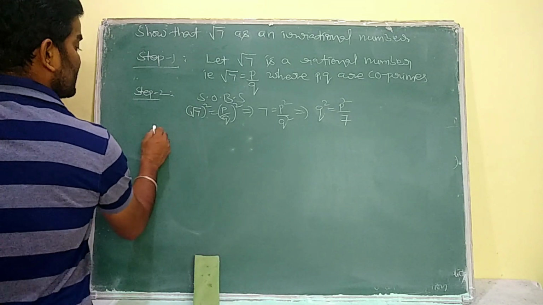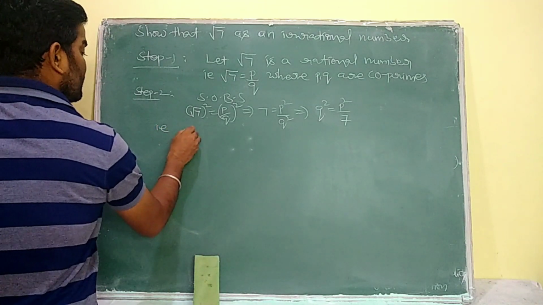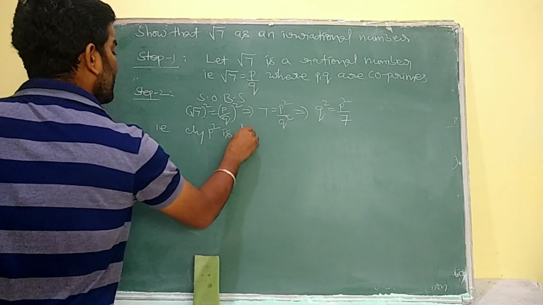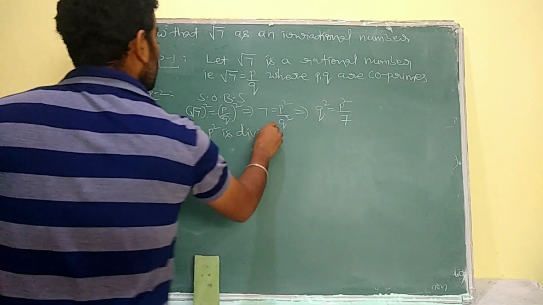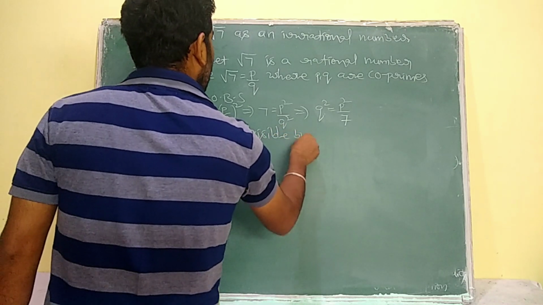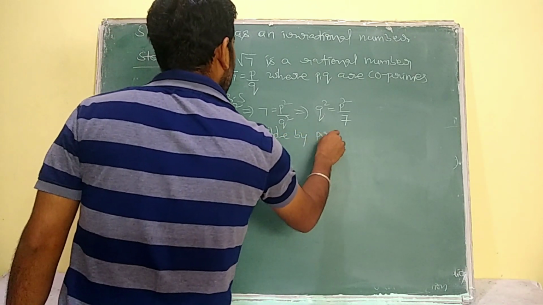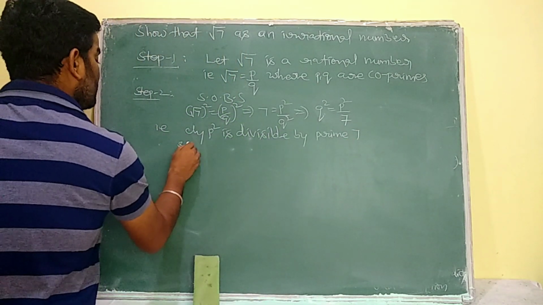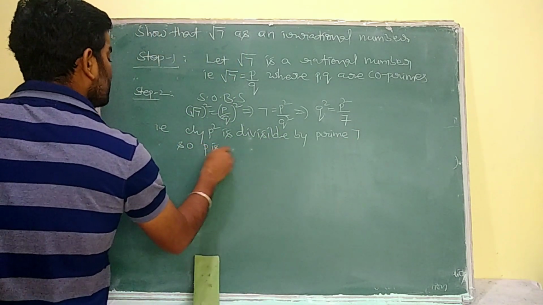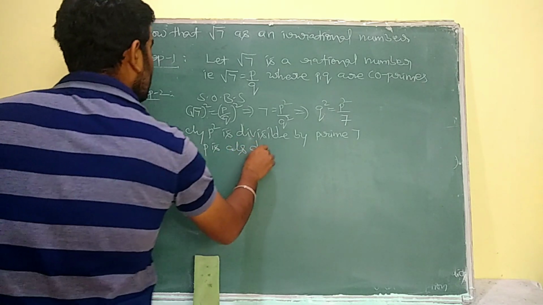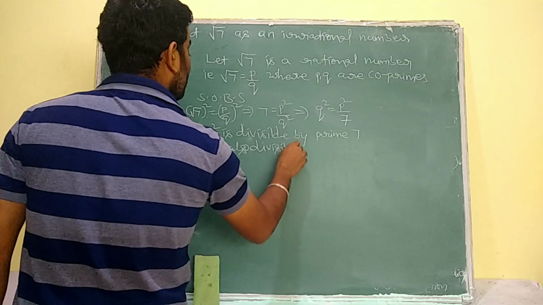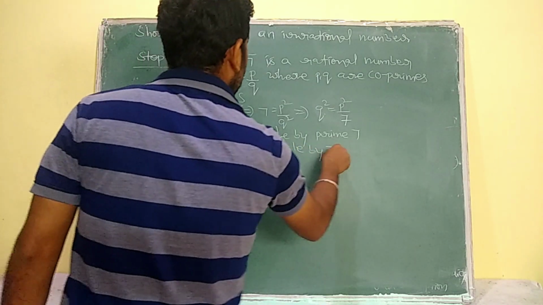That is theorem 1.6. Now that is clearly p square is divisible by prime 7. So p is also divisible by 7.